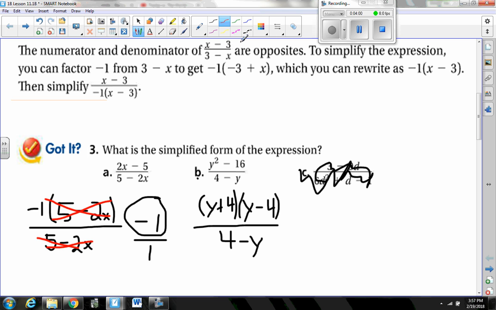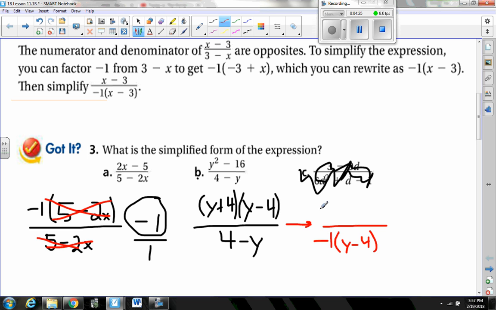So after I've done the factoring as much as I can, now I will look for opposite factors. Here I see y minus 4, and here I see 4 minus y. So what I can do is take the bottom of my fraction and put negative 1 in front of a set of parentheses and then flip around the 4 minus y to say y minus 4.